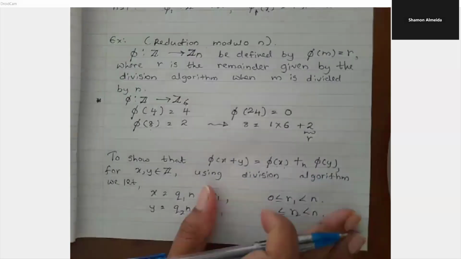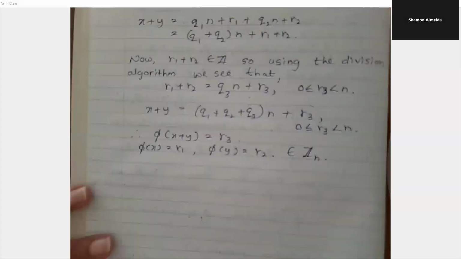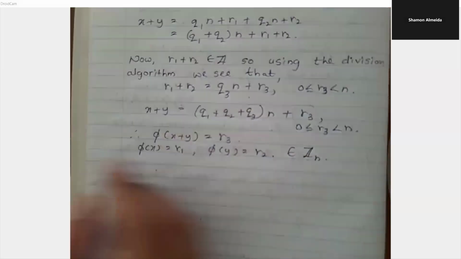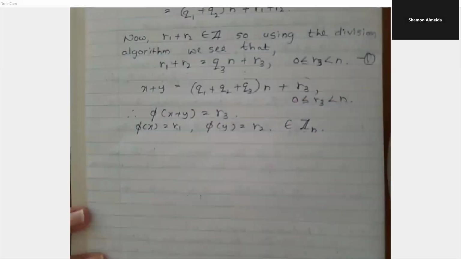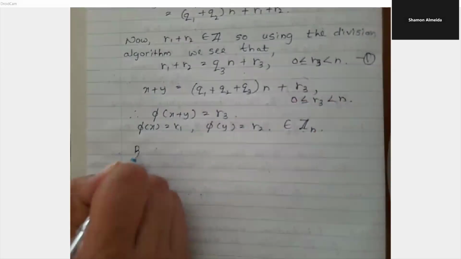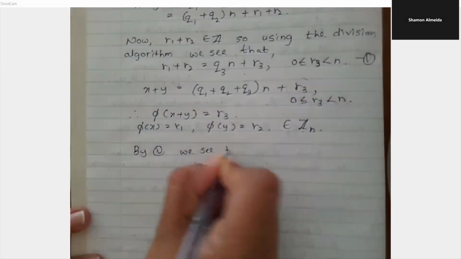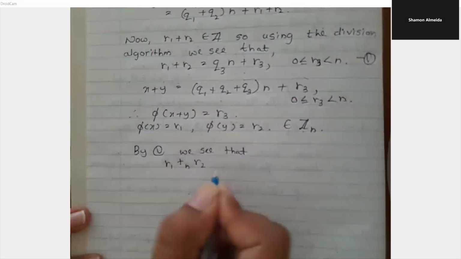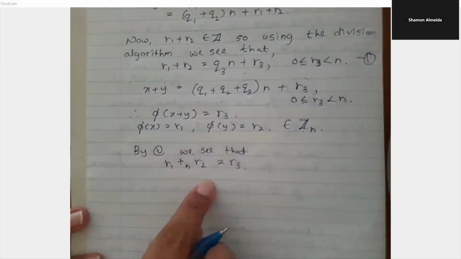And that can be easily seen from this equation. We see that R1 addition modulo n R2 is in fact R3, because how do we calculate this addition?